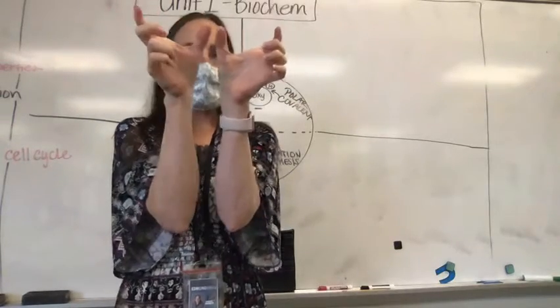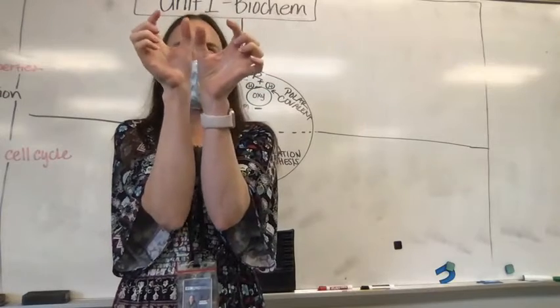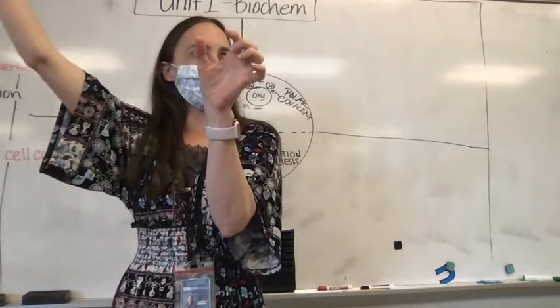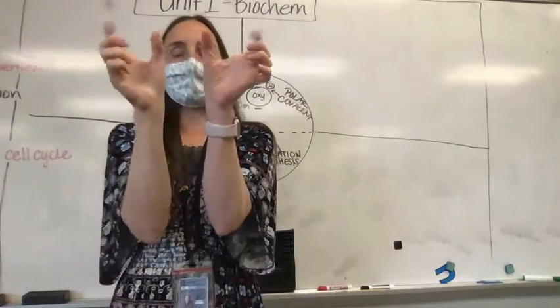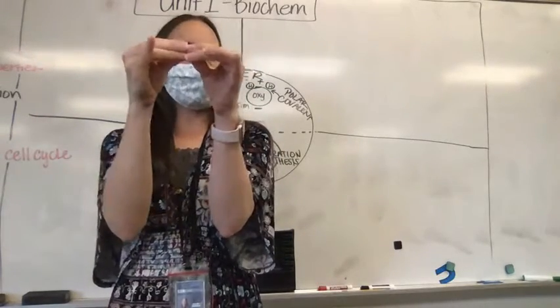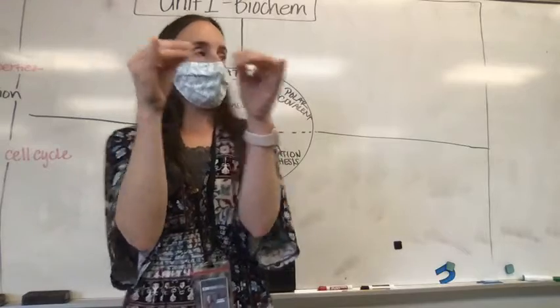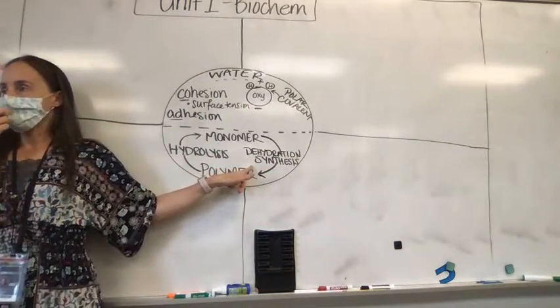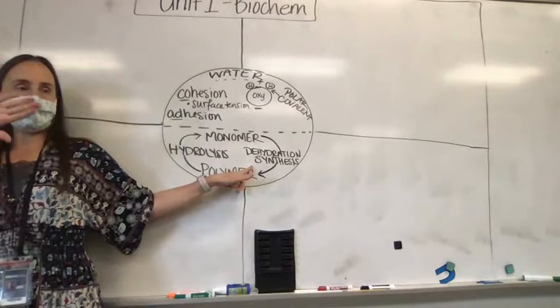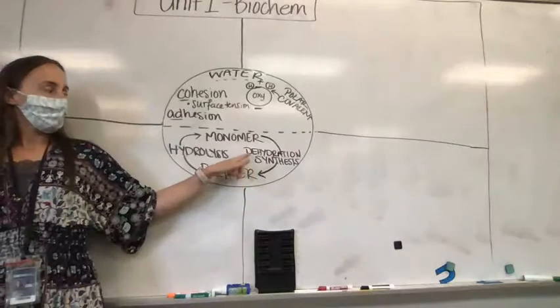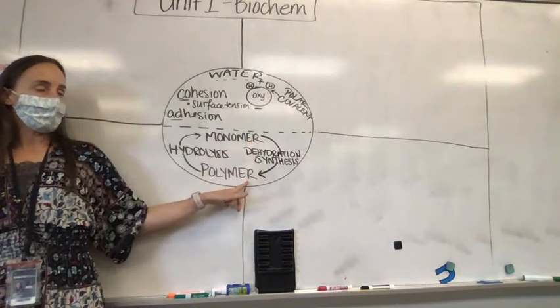When they get close enough together, that hydroxide will bond to that hydrogen, creating H2O. That H2O leaves, leaving trailing ends that can bond together the two amino acids. So it's dehydrating and synthesizing at the same time. The water is leaving, and the synthesis is happening that way. So removal of water going from monomer to polymer.